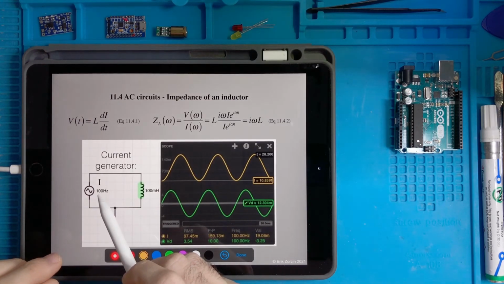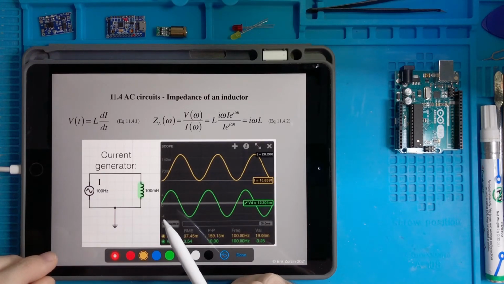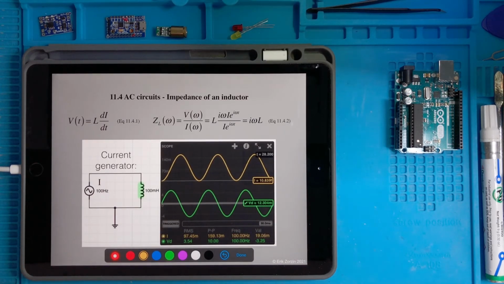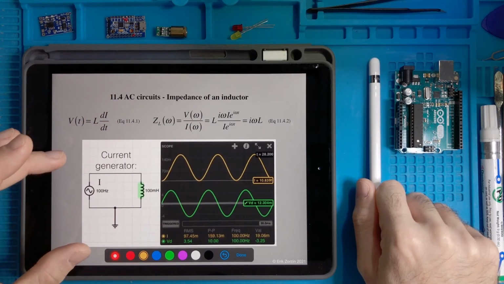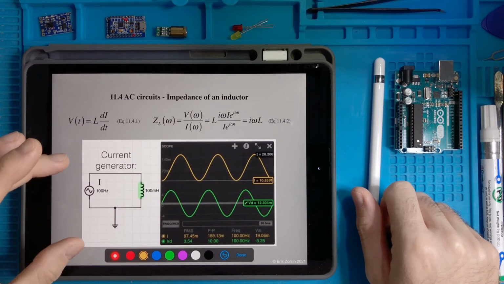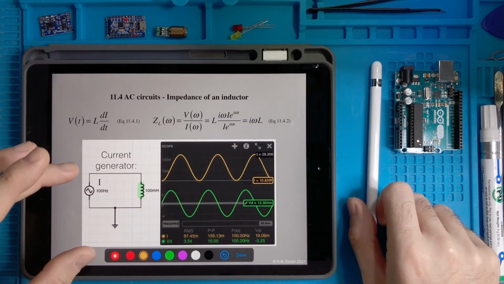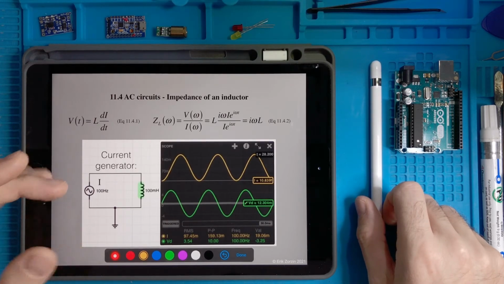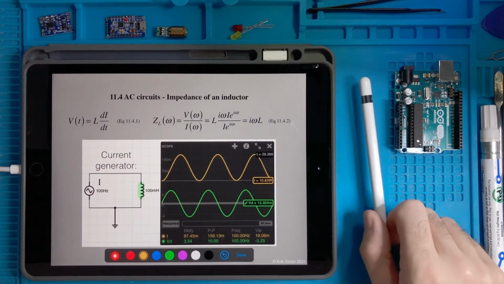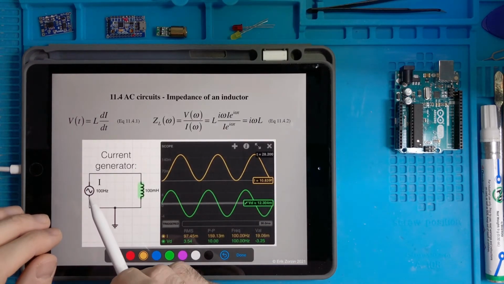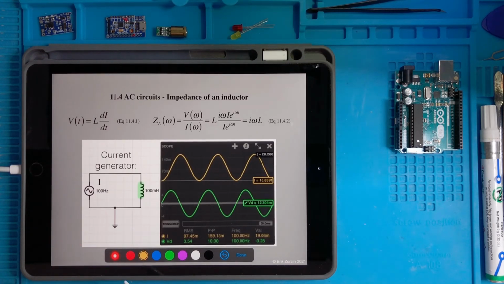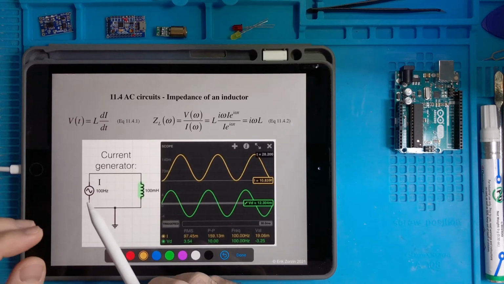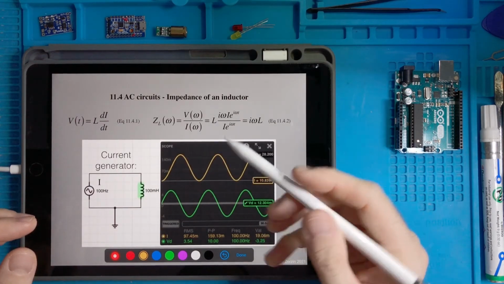This current generator will become important later on in this course because at a certain point, as we need an ideal source of voltage, something that regulates the voltage across two nodes, we will also need an ideal current generator, which is something that makes a current that we want, that we can define, flow in a bipole component. So for now, we just say that they can exist. We will need a transistor to do this, and we'll see. Now we take this for granted and use it.